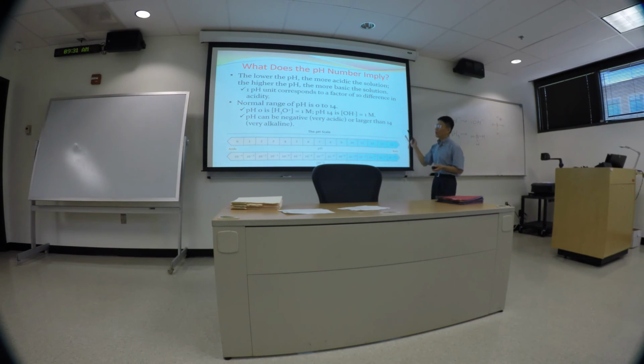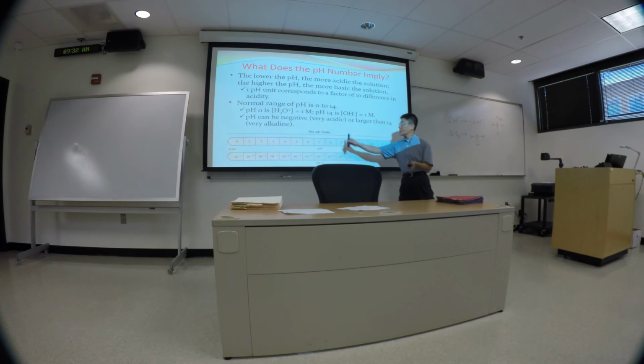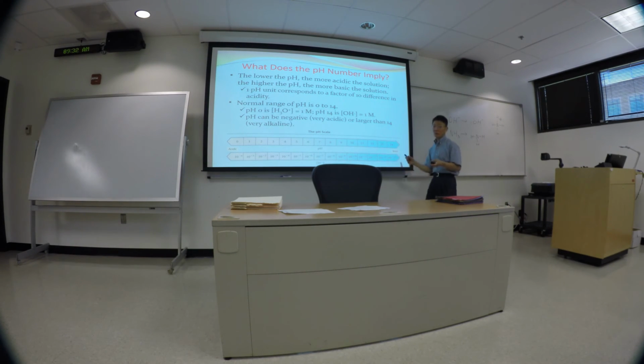And a pH larger than 14 means it's a very basic solution. So the scale that we need you to remember: for anything acidic, pH has to be less than 7. Anything basic, the pH must be above 7. Right at 7, that's a neutral solution.